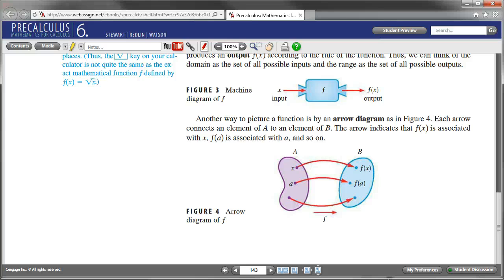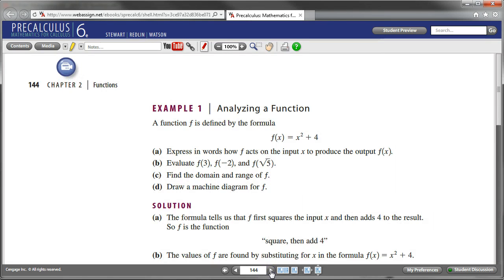It's okay for two or more people to meet in the same place at the same time. So it's okay to have two or more dots in set A assigned to the same point in set B. And there's gotta be some example. Yes, here's an example. f of x equals x squared plus 4.